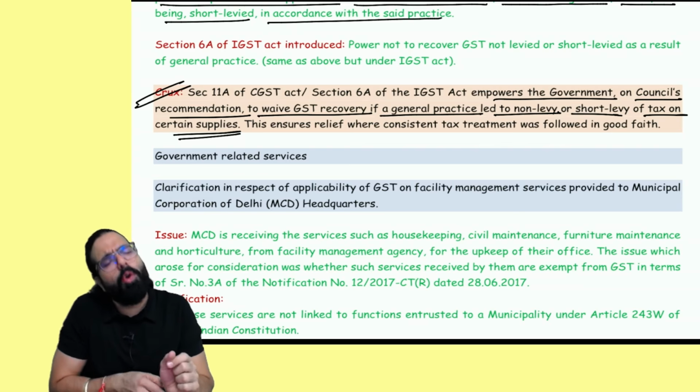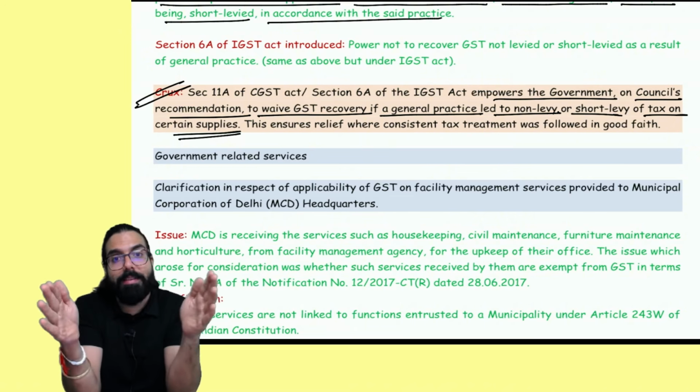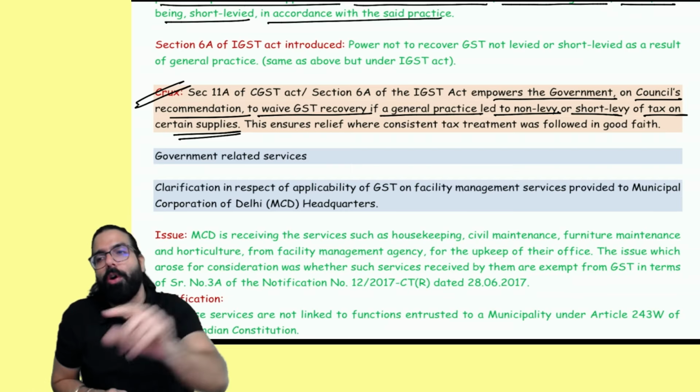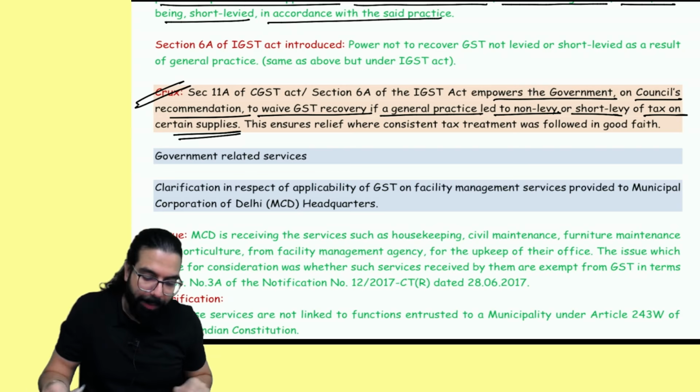Because of an ambiguity, the whole industry was doing it. Then the government says, we will not recover the extra GST which you have not paid. We can issue a notification and say, all GST department officers, please don't recover any GST from these people.